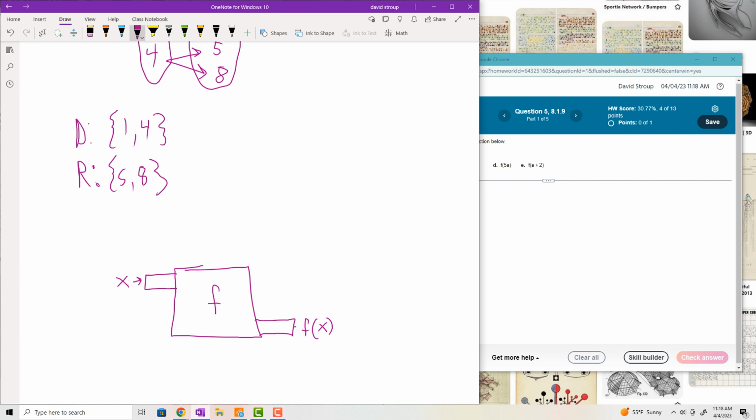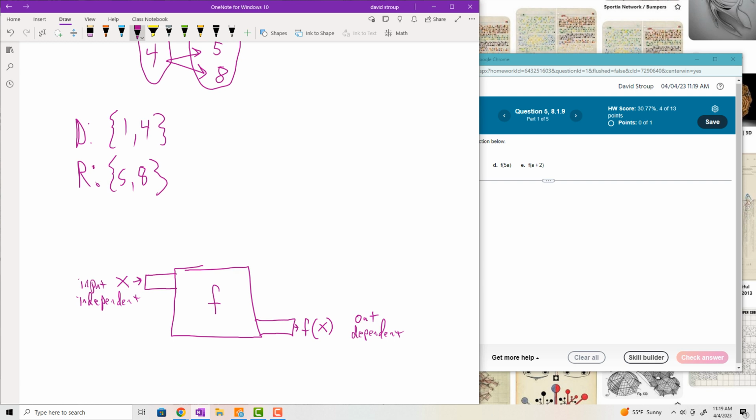So the way you write the output, instead of y, you're going to put f of x. And it serves as a way to kind of record what's happening to your input variable. The x value is the input variable, which they also call the independent variable. And then the output, the f of x, is called the dependent variable.